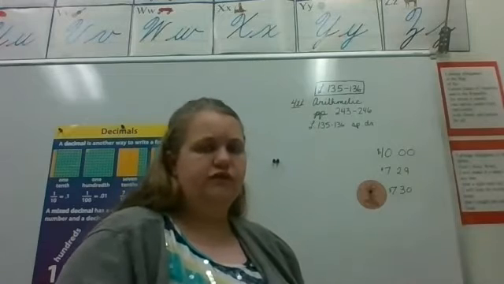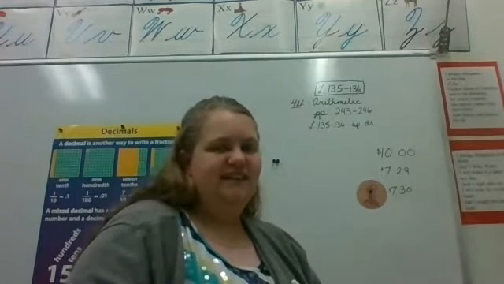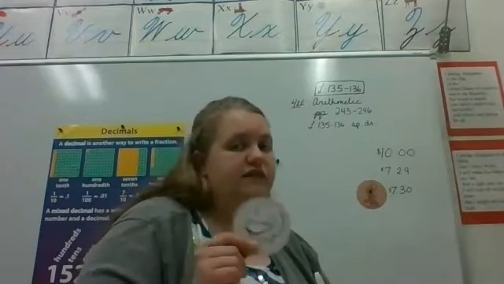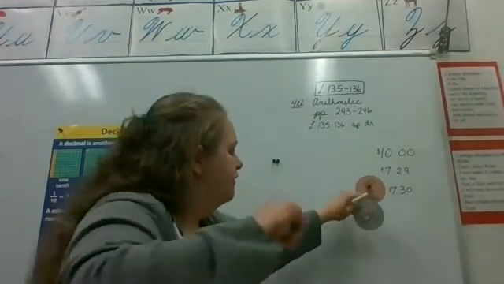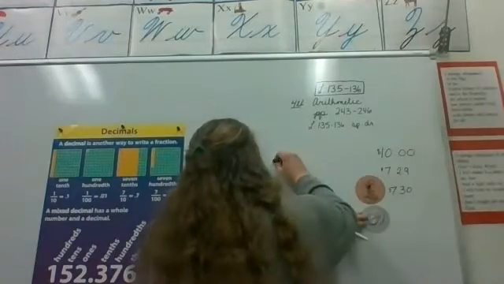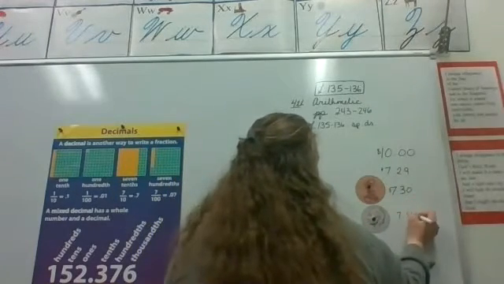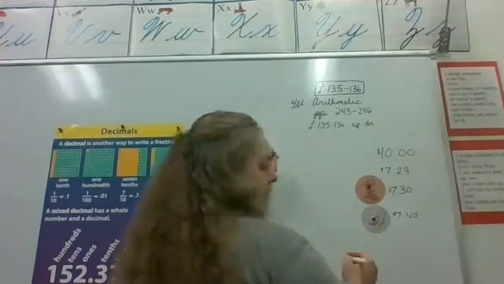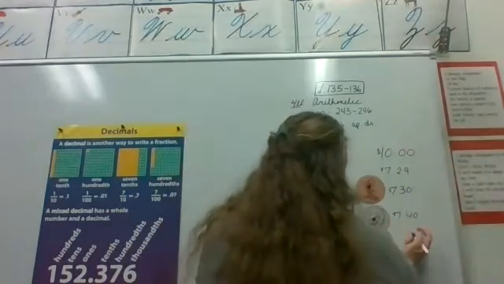What do you think, dimes or nickels? It would be dimes, because with this we can go from 7.30 to 7.40. And another dime gets us to 7.50.